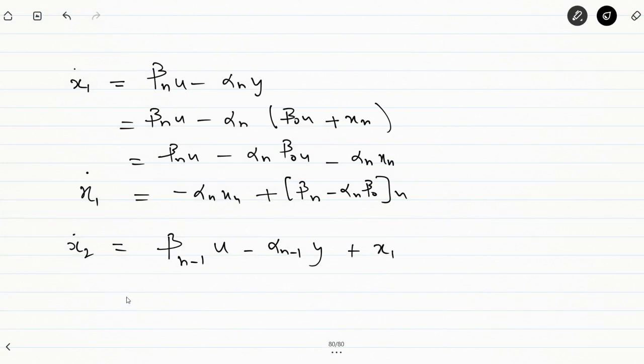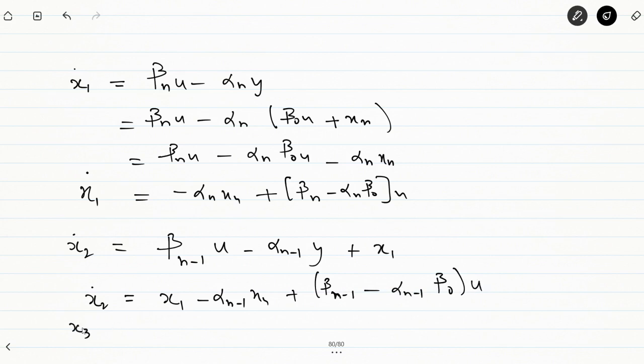When you substitute the value of y here and take out the common terms, x2 dot will be equal to x1 minus alpha n minus 1 xn plus beta n minus 1 minus alpha n minus 1 beta naught of u. Similarly, what will x3 dot be? Looking at x2 dot, it should be beta n minus 2 times u minus alpha n minus 2 times y plus x2.